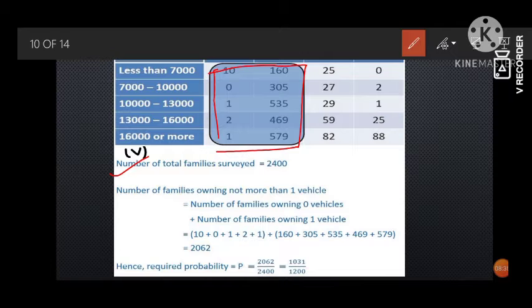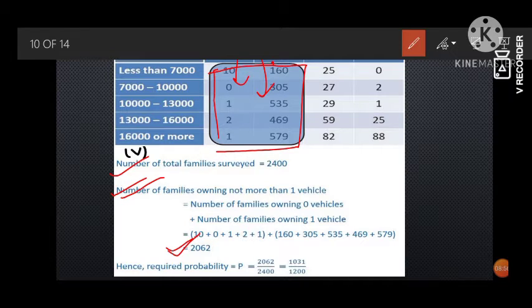So the number of families owning not more than one vehicle is equal to the number of families owning 0 vehicles, this full column, and the number of families owning exactly one vehicle, this full column. If we add them up, we will get 2062.